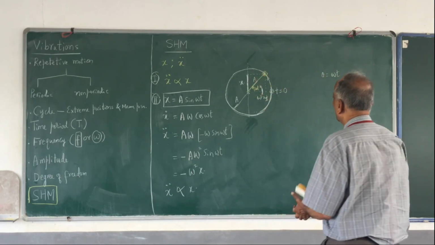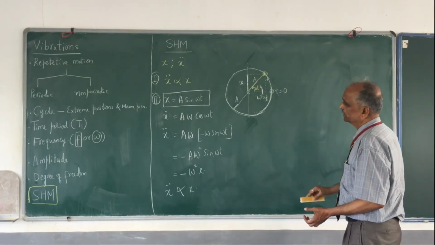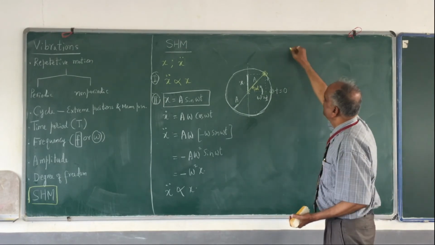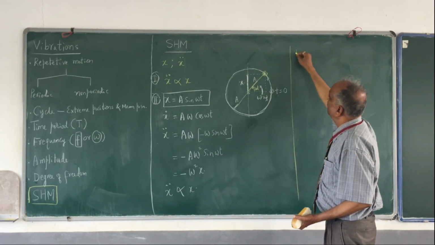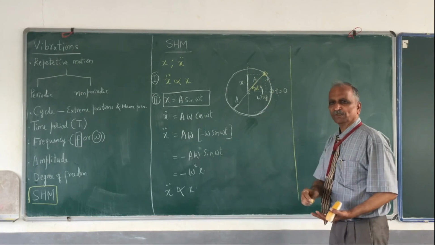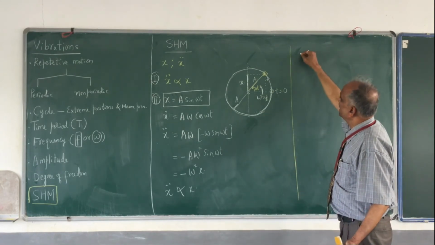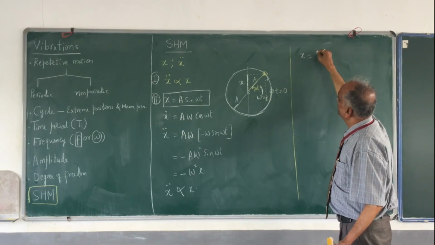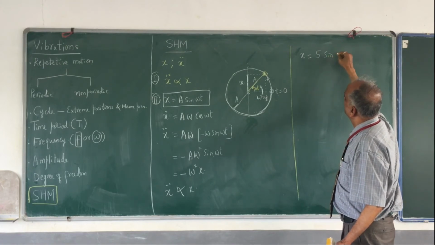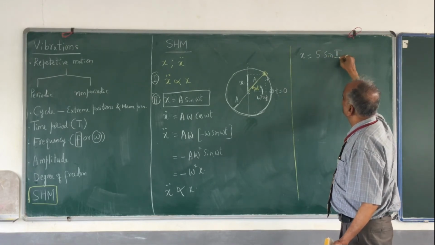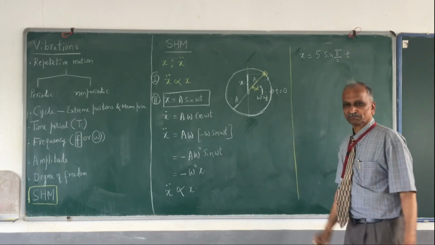Then there is another way, what is called the vector representation of simple harmonic motion. A vector can represent any simple harmonic motion, say for example x is equal to 5 sine of pi by 2 into t.